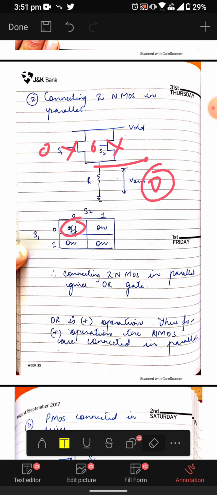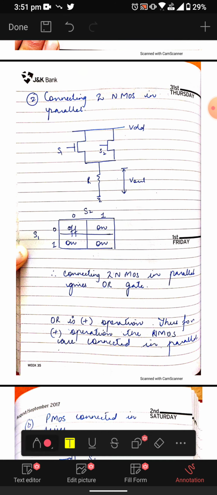Now, if I give the input to S1 as 0 and the input to S2 as 1, S1 will be off, but S2 will be on, and VDD will be shorted to the output terminal, and Vout will be on, or it will be logic level 1.